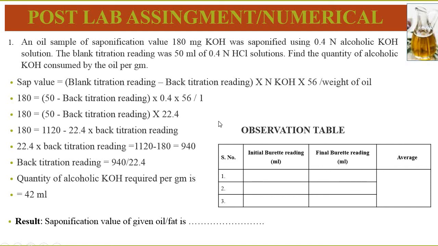And the result which we obtain is reported in the result. That is, the saponification value of the given oil or fat is 180, which is given in the question, but we can calculate it from the readings which we obtain in the observation table by using the same formula.